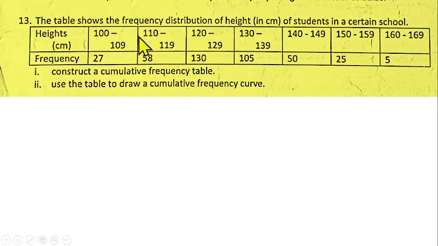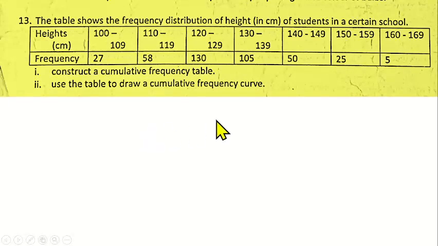Now we are given a frequency table. From a frequency table you can get cumulative frequency table. This is how I want you to see it. So what do we need to add to frequency table to get cumulative frequency table?